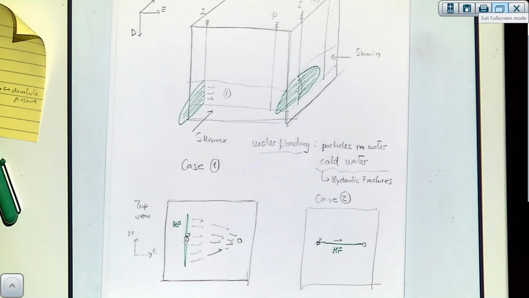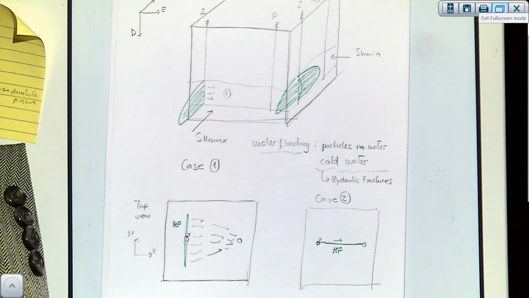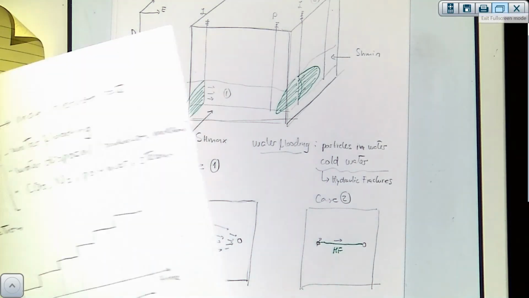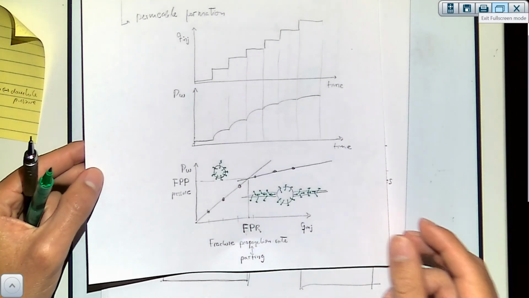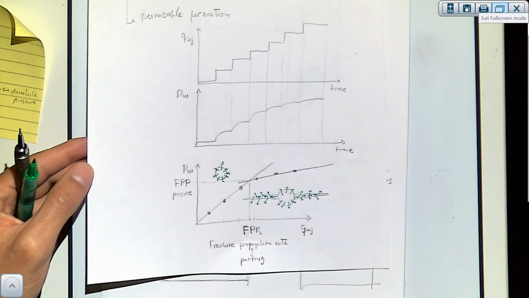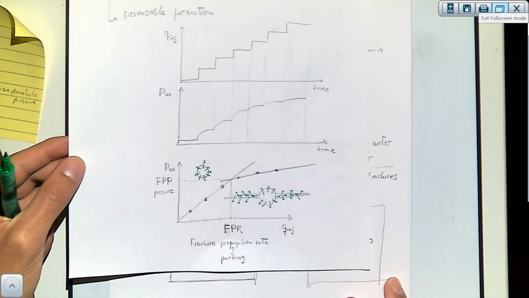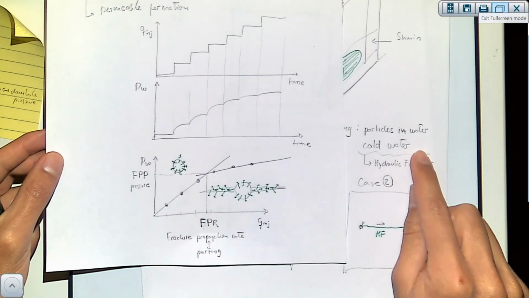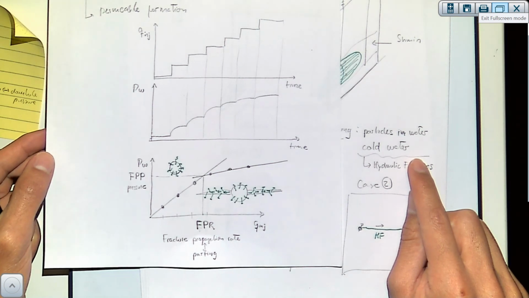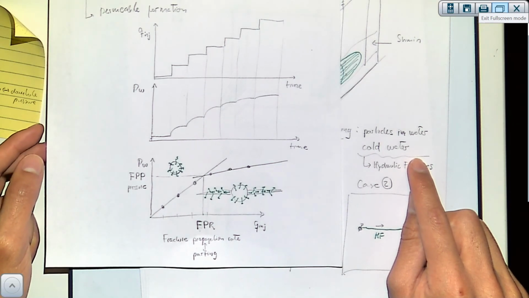Okay, so just to close with this topic about the step rate test. The step rate test, as we explained, consists of increasing injection rates, but it has a disadvantage in that it doesn't consider particles in the water. It doesn't consider if you later pump with colder water.